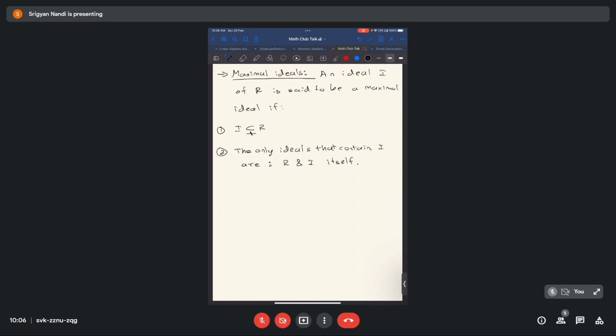Apart from these, I will just need to state two or three results that we have done before, so I'll begin by stating them now. The first one is about fields.